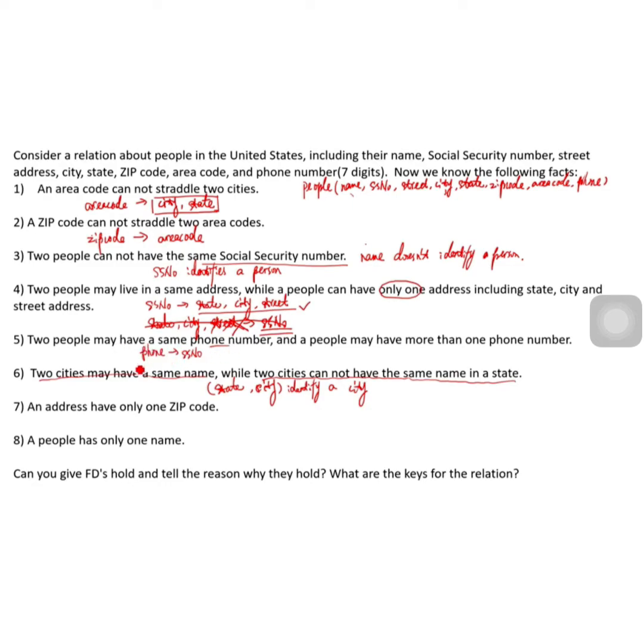If any two tuples have the same value on phone, there may be two persons, so the values on SS number may not be the same.